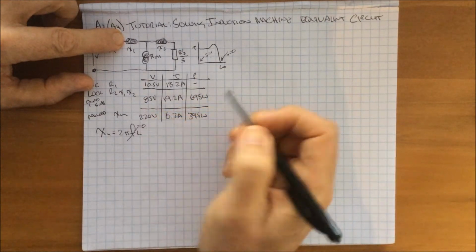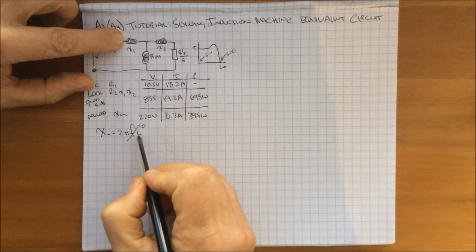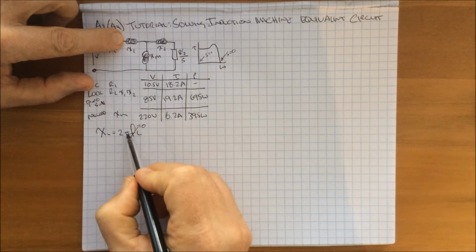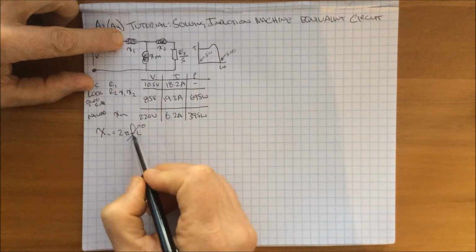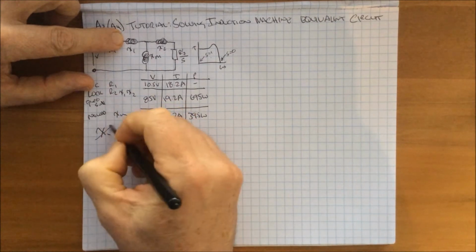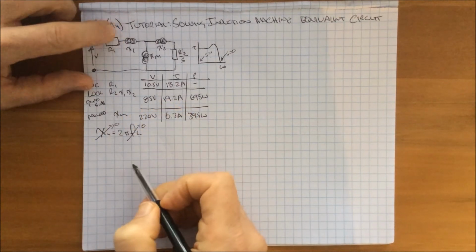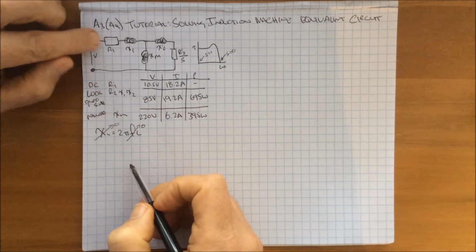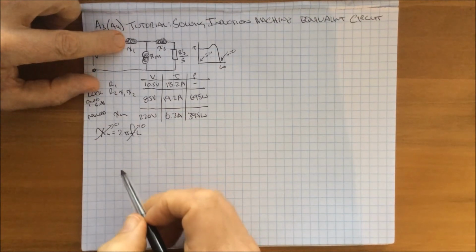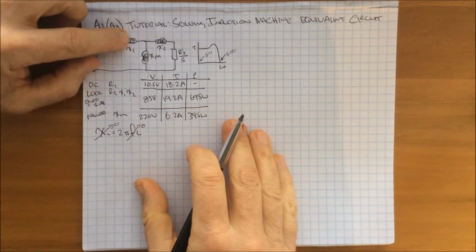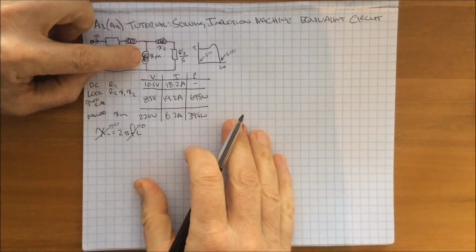If frequency equals 0, then inductance doesn't change, pi doesn't change, 2 doesn't change, but 0 times anything is 0. So this term here goes to 0. So from the DC purposes, for a DC test, X1 has got an impedance of 0. Similarly, X2 and Xm has an impedance of 0.